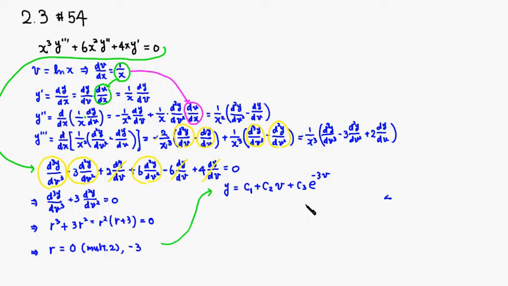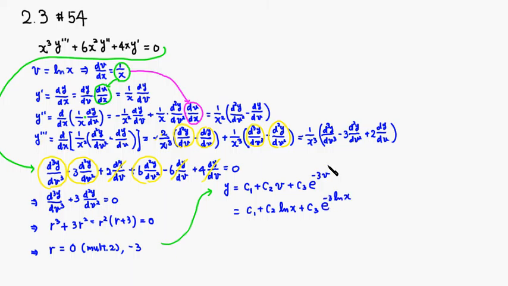Then what we need to do is put the original variable. So v is natural log of x. So this is c1 plus c2 natural log of x plus c3 e to the negative 3 natural log of x.